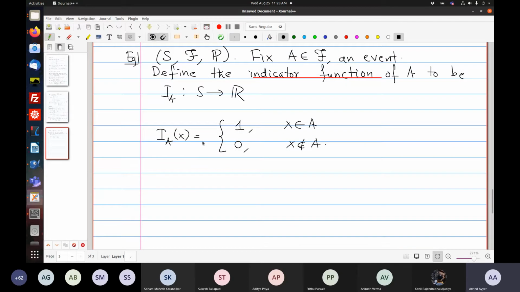Now this is a function which has domain the sample space and range R, and you can see that for any real number x, the set of values in S for which the indicator is less than or equal to x is in the sigma algebra, because we took by definition A to be in the sigma algebra.